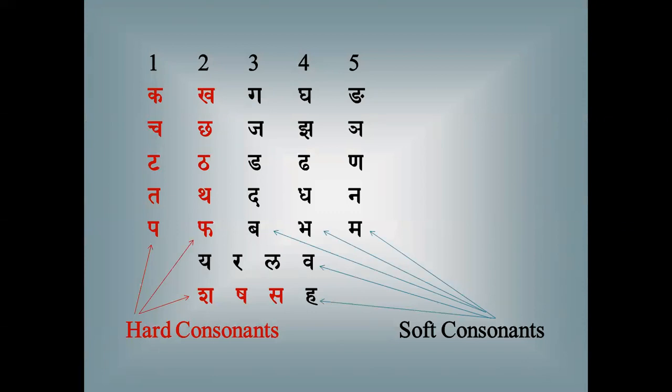This is looking at the consonants in terms of prana: alpaprana, mahaprana. And the fifth letter of all the classes we know are nasals. Now the first letter, the second letter and the first three sibilants are hard consonants, and the rest are soft consonants. This is a summary of what we have seen so far. If you have any doubt in this, you can ask.